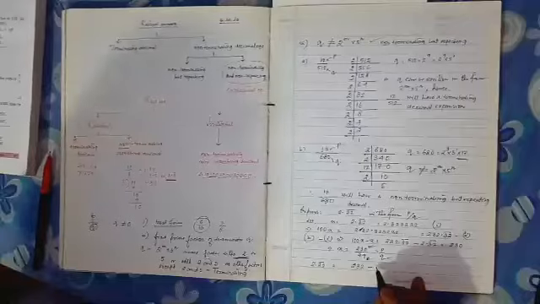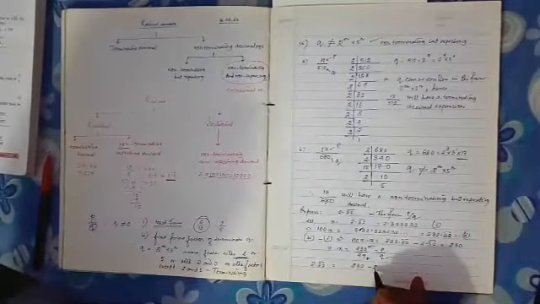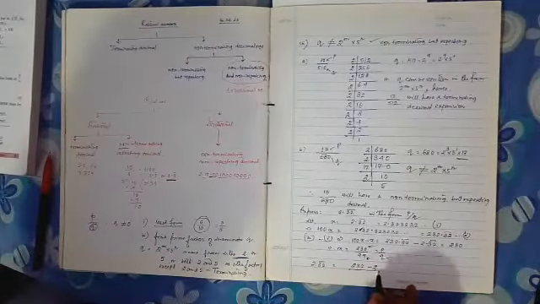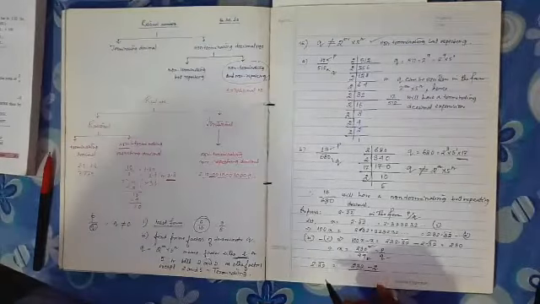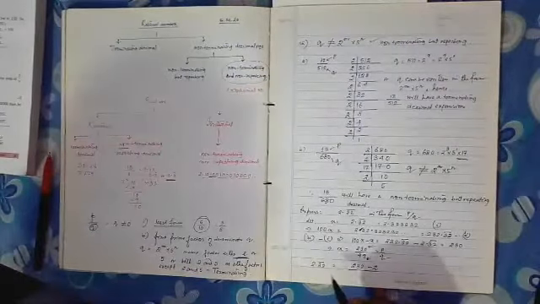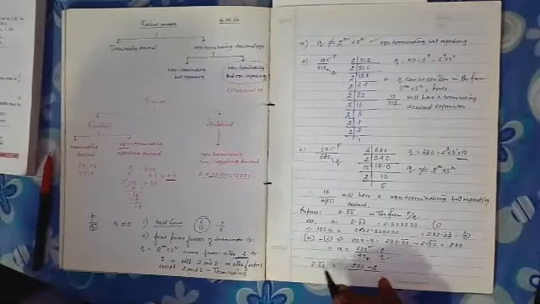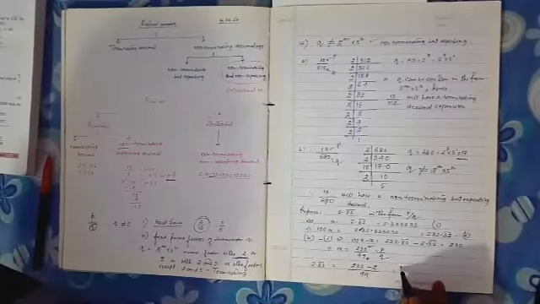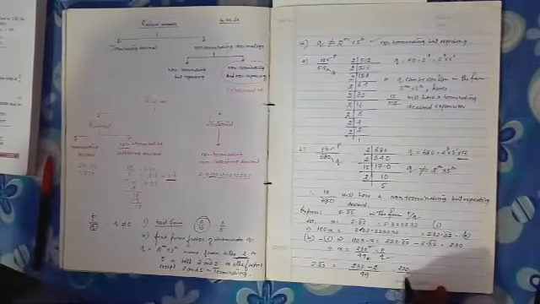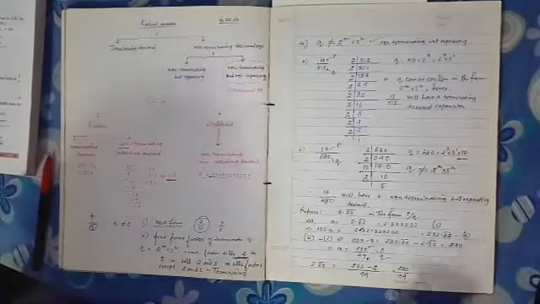What is that? 2, by how many digits are within the bar? 2 digits. So 2 numbers of 9. That is equal to 230 by 99.